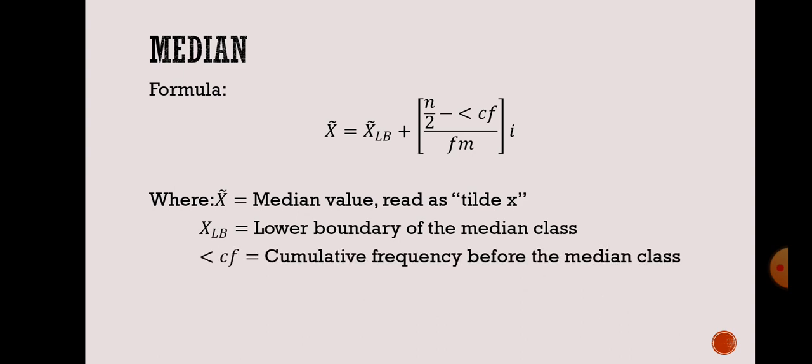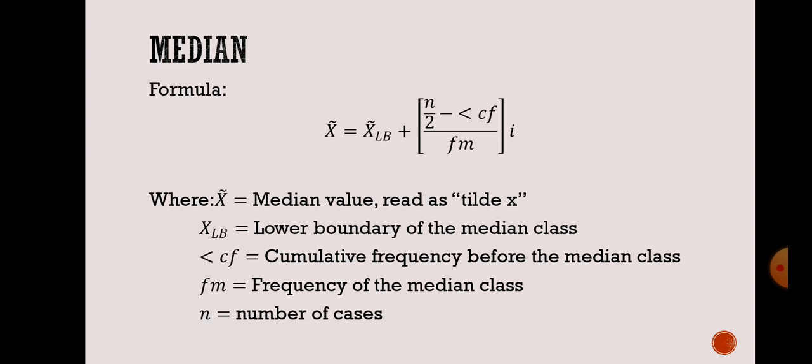We have less than CF, or less than cumulative frequency, which will be the cumulative frequency before the median class. And then we have FM, or the frequency of the median class, and then we have N as the number of cases, and then i as the class size.